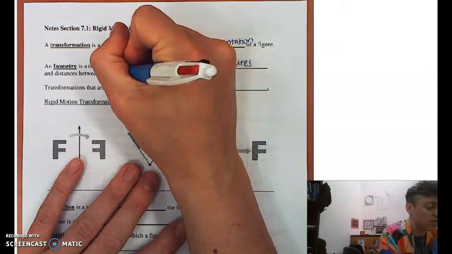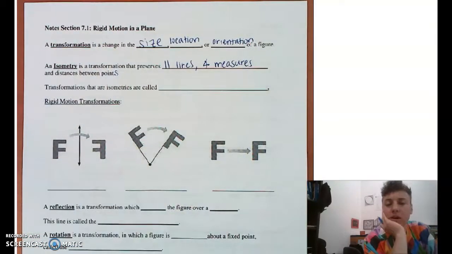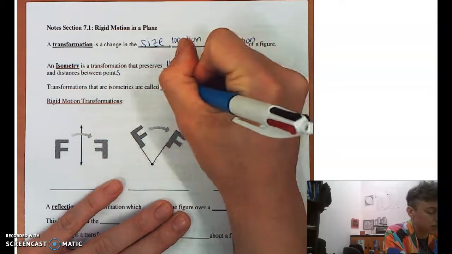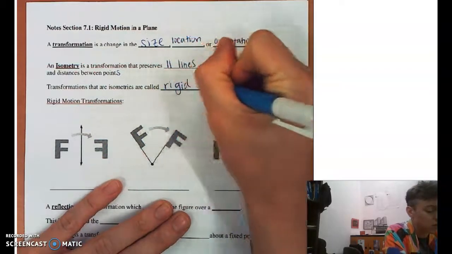So an isometry is a transformation that basically leads to the same shape. It's just somewhere else. We're not changing its size. Transformations that are isometries are sometimes called rigid motion.